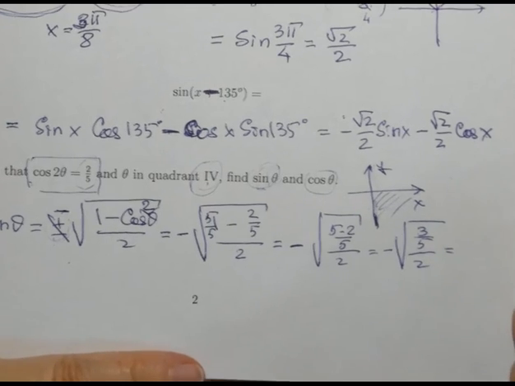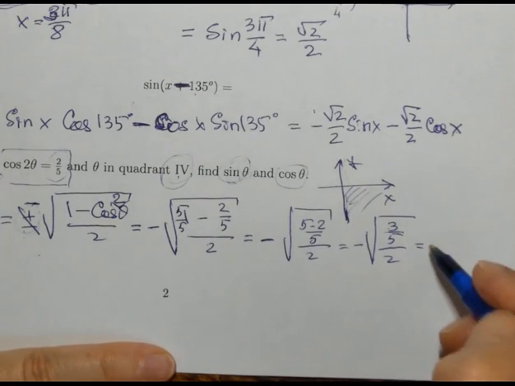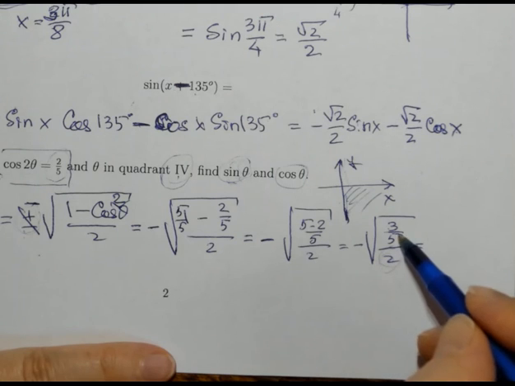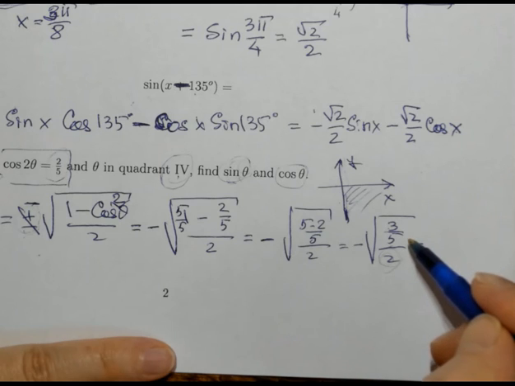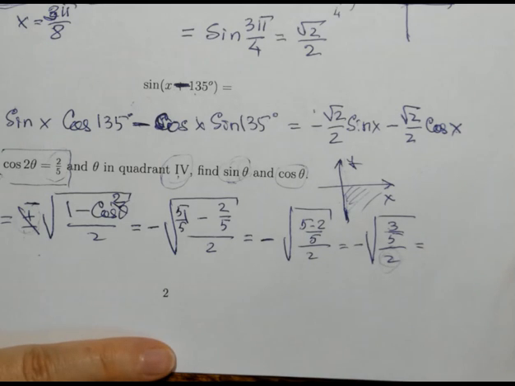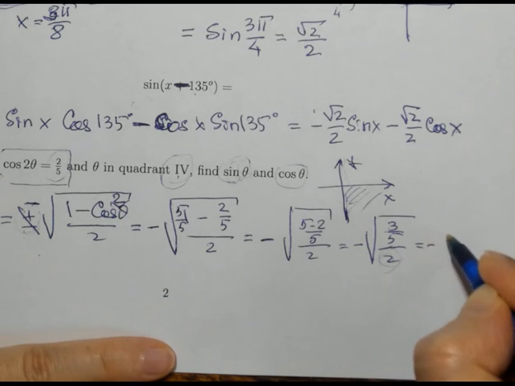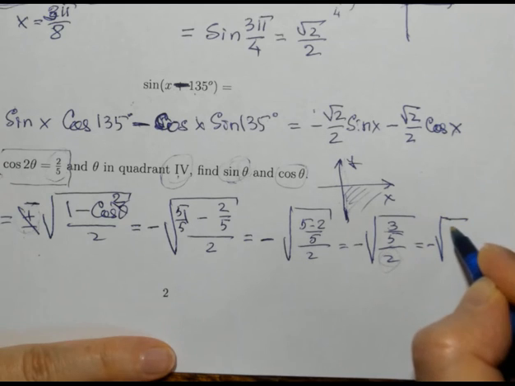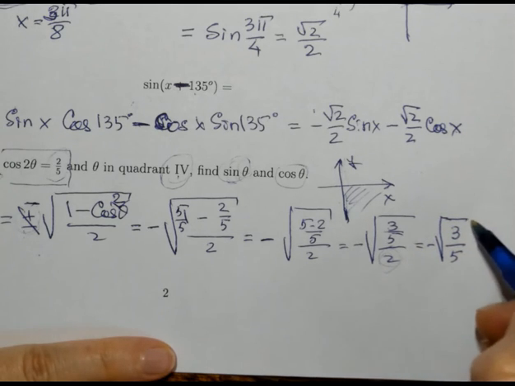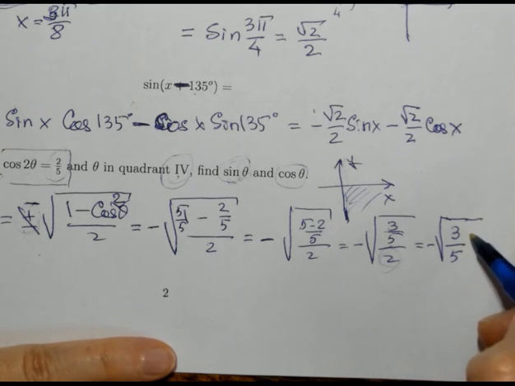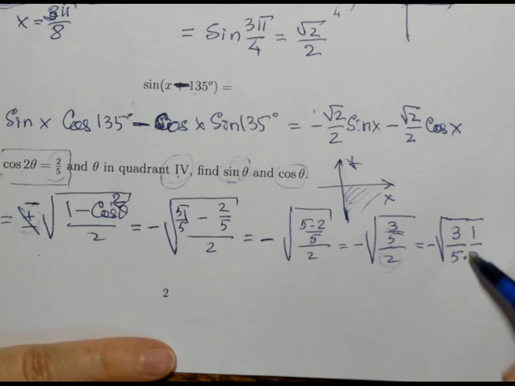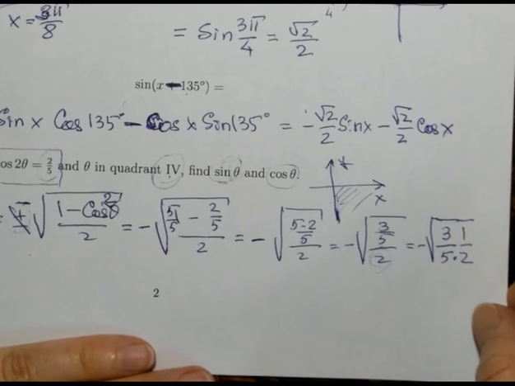When you divide a fraction by a number, you write this number in the denominator; dividing by 2 is the same as multiplying by 1/2. So square root of 3/5 divided by 2, with 2 in the denominator, gives square root of 3/10.